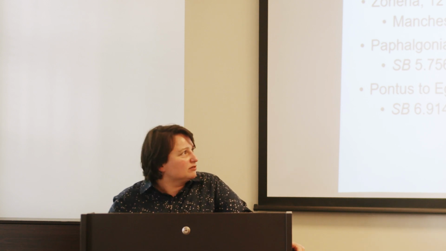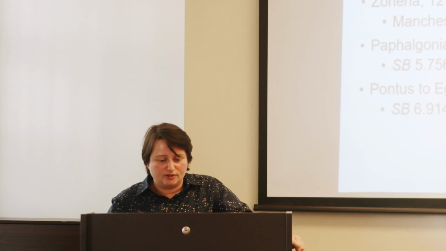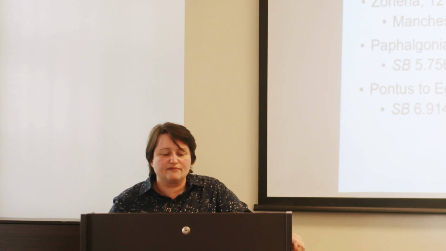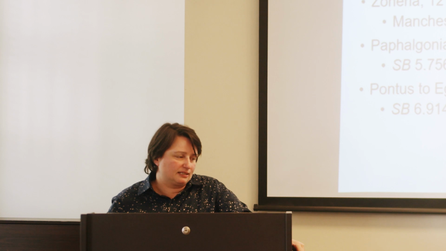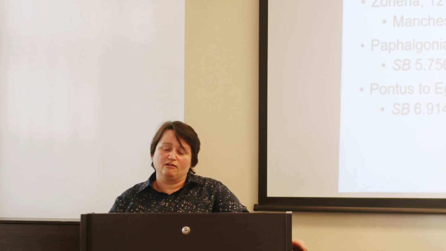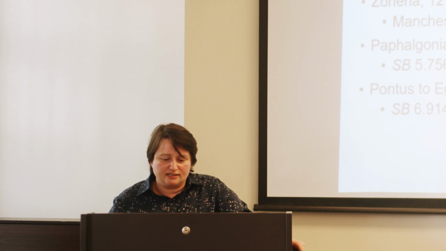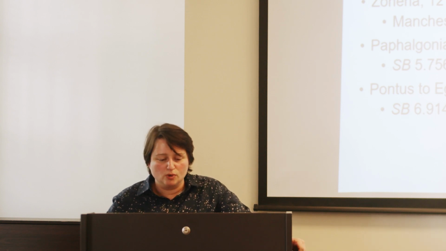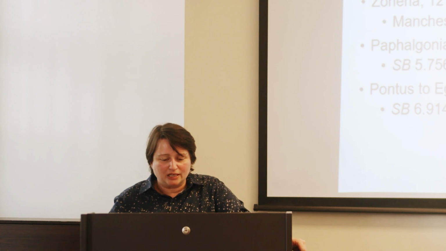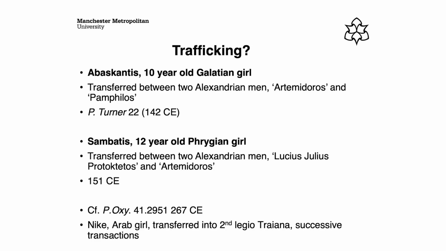And this leads me on to the final question I want to end with, is this obvious evidence of a more systematic pattern of trafficking of children? We've got more cases, as well as these, in 142, we've got a 10-year-old Galatian girl named Abascantis, who's been sold between two Alexandrian men who are named as Artemidorus and Pamphilos.